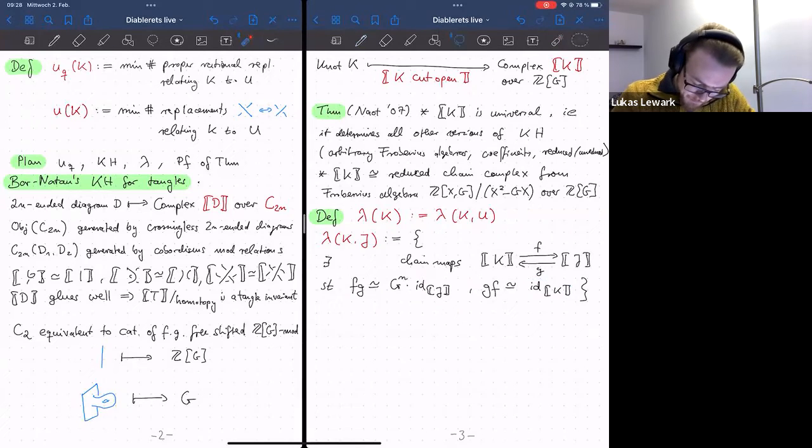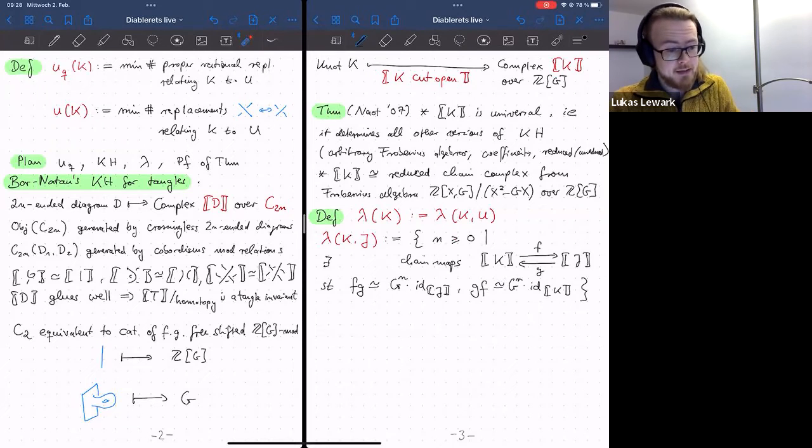And the same power for GF. And then we take the minimum n such that such a map exists. So if this exists for n equals 0, then this is just the condition of homotopy equivalence. So lambda of K, J equal to 0 means they have the same Khovanov homology. But greater than that, okay.